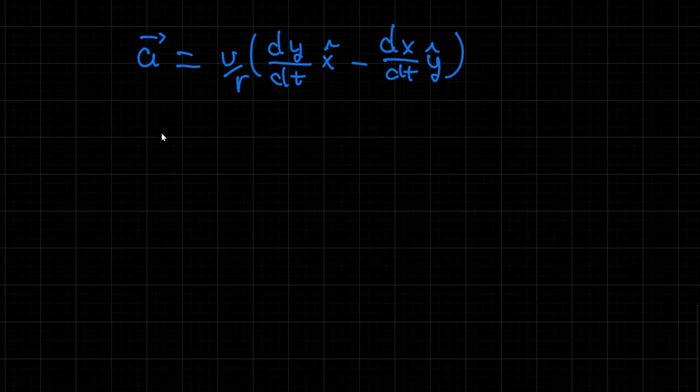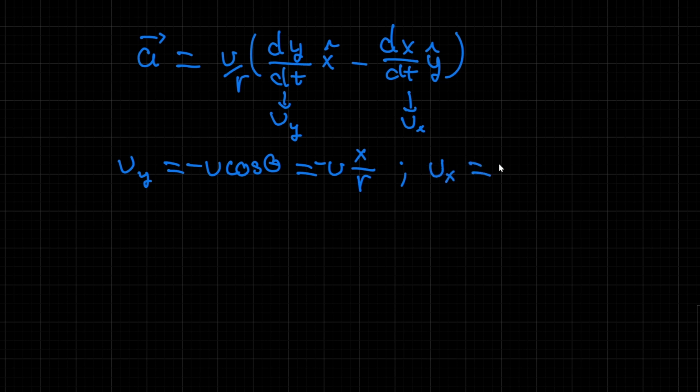I put the r outside, and this is of course vy and vx. We once again use vy is v cosine theta, and there's also a minus sign, like we did before, and as we already know, cosine theta is x over r. Same for vx.